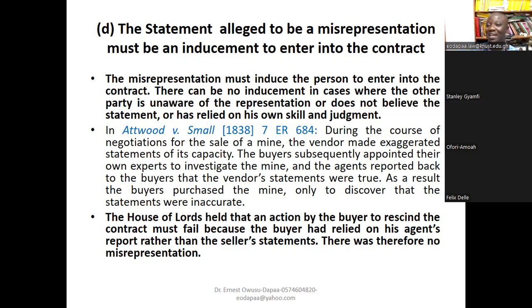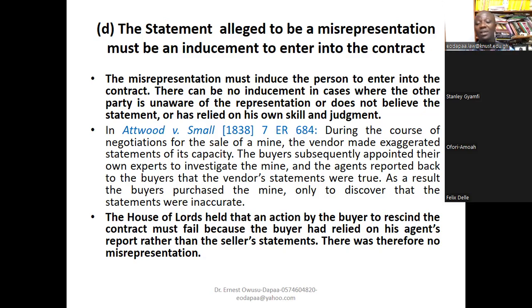They did not just rely on the exaggerated statement by the vendor. So the buyers appointed their own experts to investigate the mine. And the agents or the experts they appointed reported back to the buyers that the statements made by the vendor regarding the capacity of the mine were true. So the independent experts appointed by the buyers, if you like, confirmed the statement by the vendors.